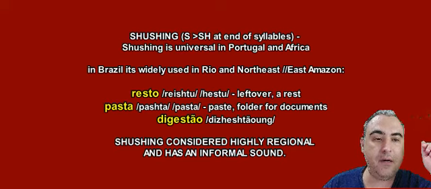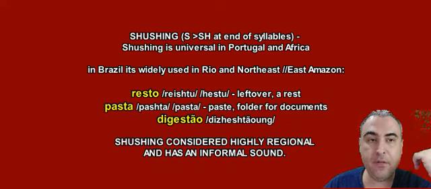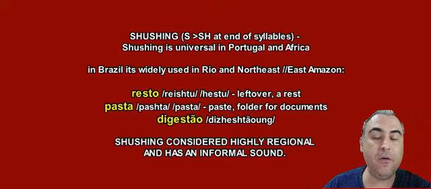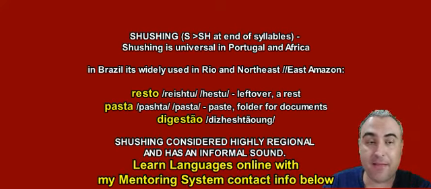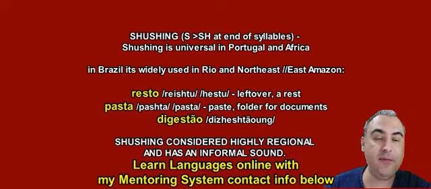So a word like resto. People in Rio will say resto. I say resto. Pasta, I say pasta. Some people in Rio and Recife would say pasta. Digestão. I say digestão, digestion.